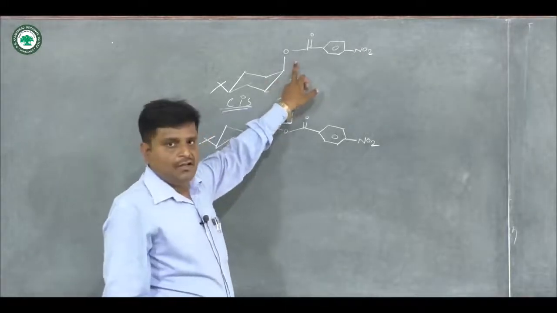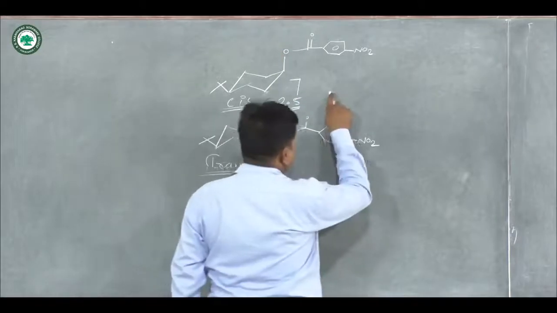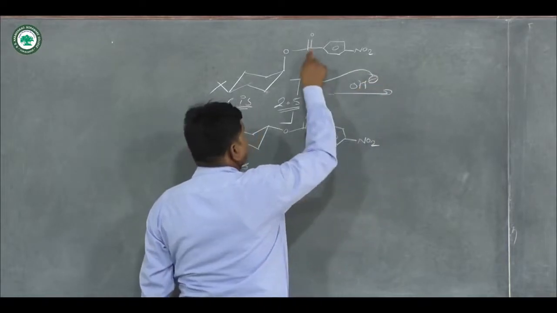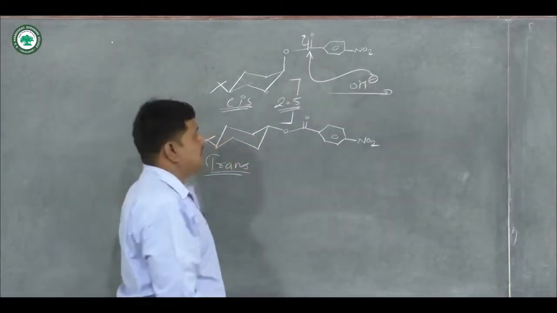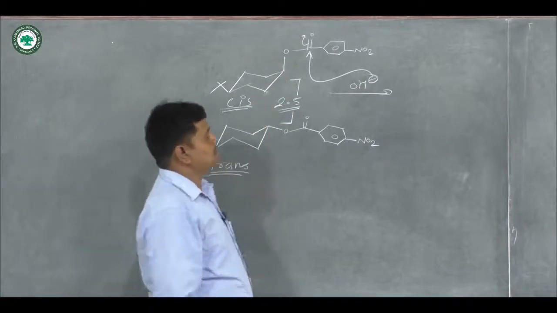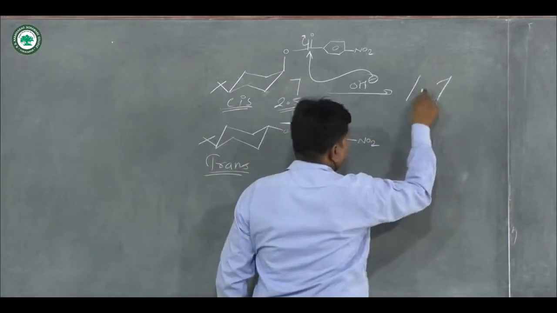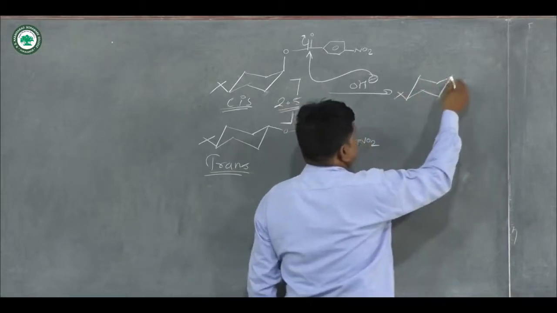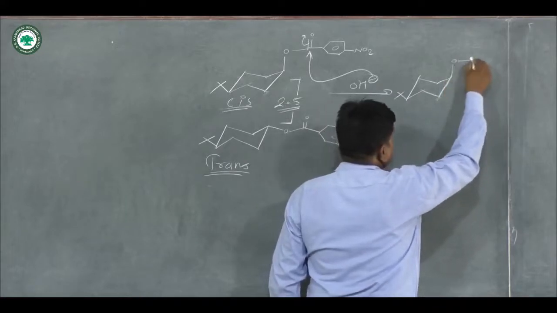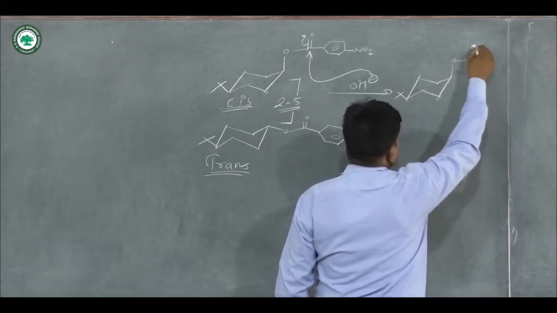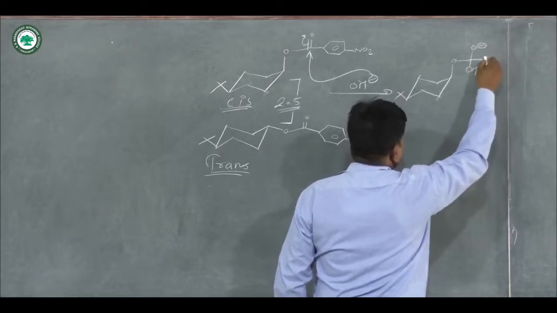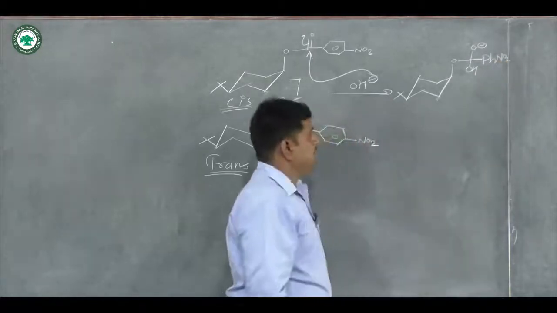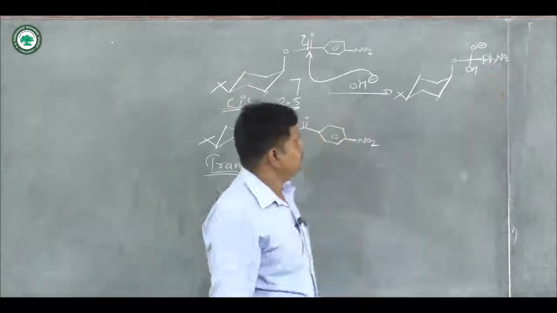Suppose the saponification reaction is carried out: the nucleophile, hydroxyl, will attack this carbonyl carbon, and we get the intermediate like this. This is the chair conformation, here we get O minus, here we write OH, and here Ph with NO2. I write this in short; you understood very well.